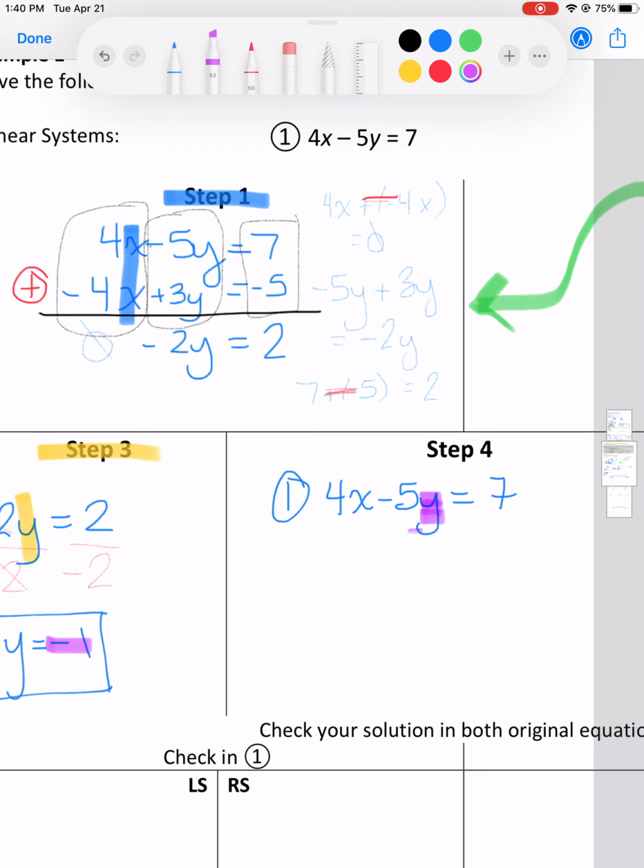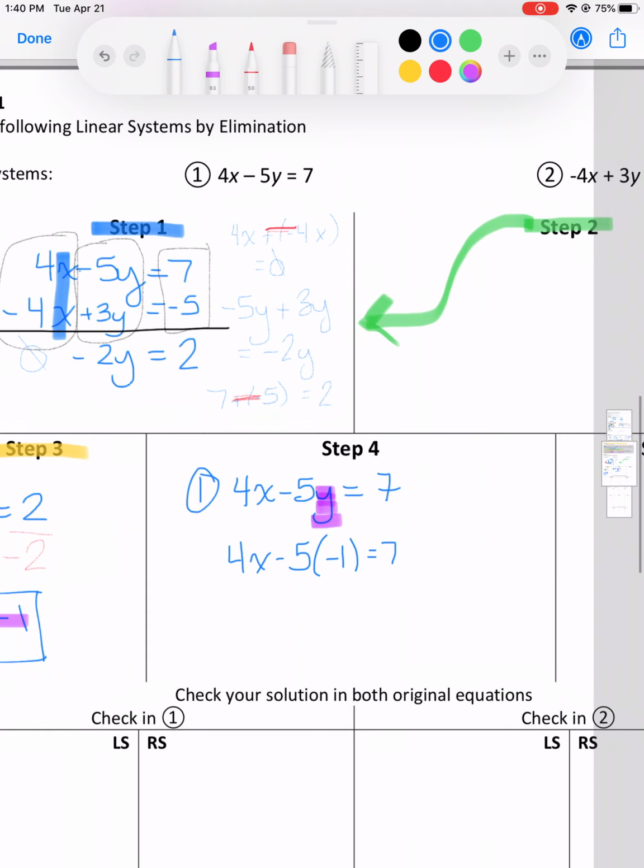You guys have done this before. This is why I did all this back work in the first unit. So 4x minus 5 bracket negative 1 is equal to 7.